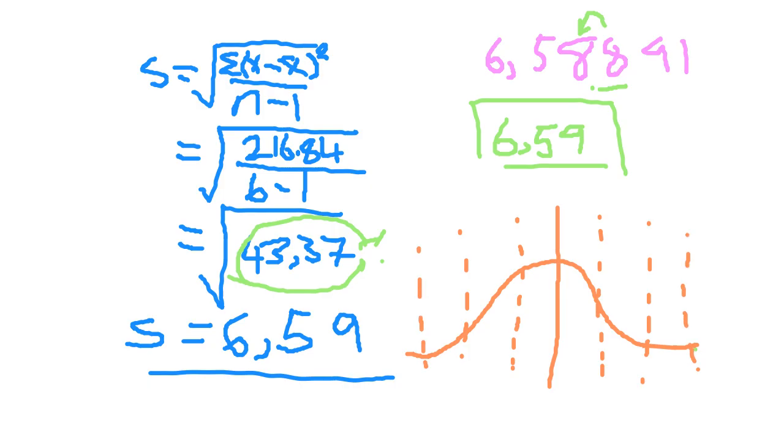So that would mean that whatever the average is, 68% of your population will fall within 6.59 on either side of that mean. That's what that means, essentially. That's it, guys. We survived descriptive statistics. Woo!